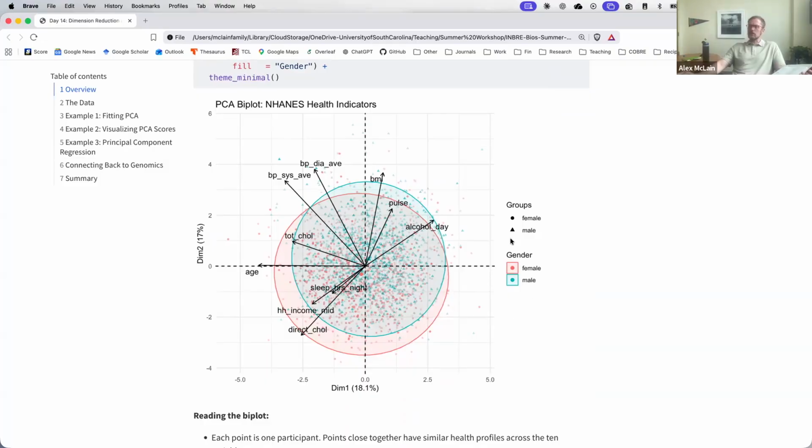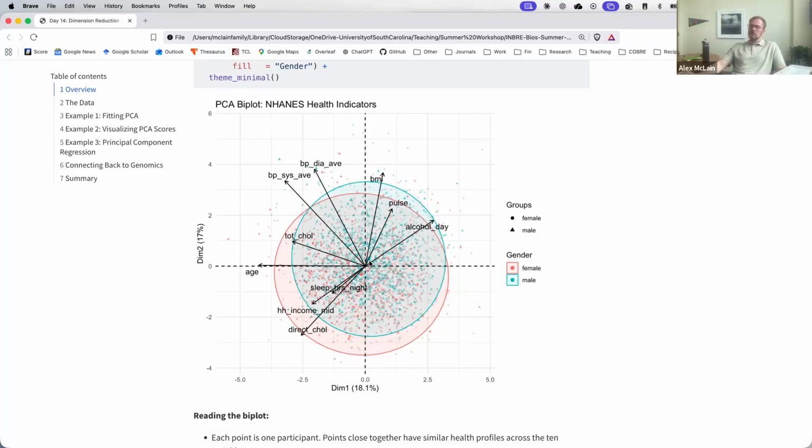The dots are, the colors are, and the points are actually there. So the triangles are for the males and the circles for the females, and we have different colors for them as well. We're not labeling these because it's not really all that informative. And the circles here look at the average and spread among males, the average and spread among females.